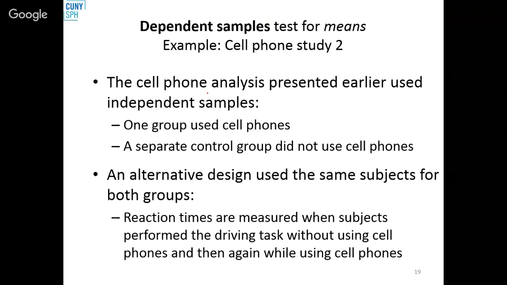You know, some people are race car drivers and some people are elderly. There are big differences just in their response time, regardless of whether or not they're using a cell phone. So that is a source of variability that is just error.